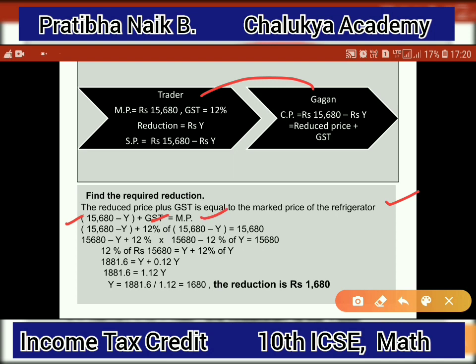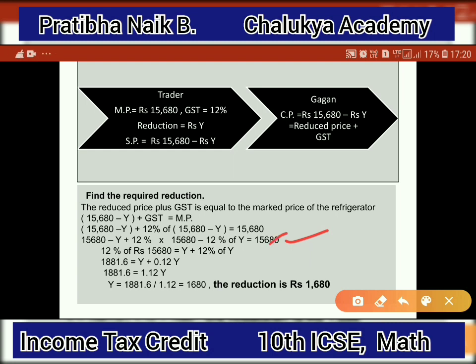So this is the selling price, 15,680 minus y, and we know that GST is always applicable on the selling price, so 12% is applicable. That should be equal to the marked price, that is 15,680. So when you open the bracket we get an equation like this: 15,680 minus y plus 12% of 15,680 minus 12% of y is equal to 15,680.